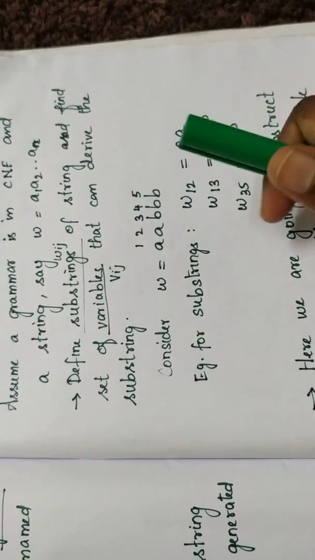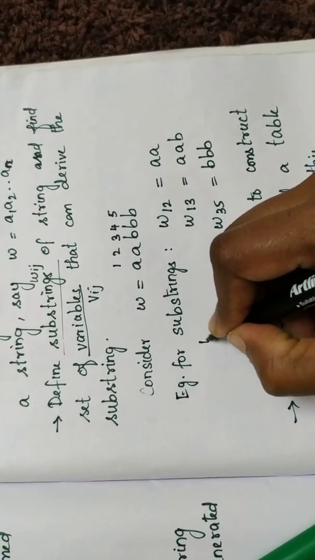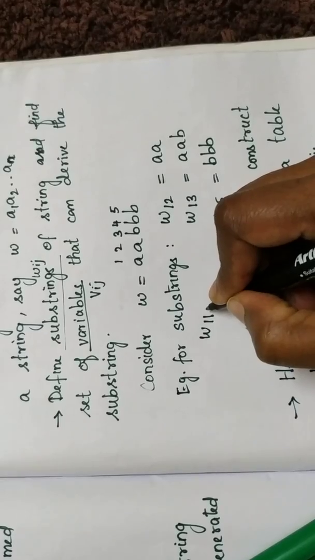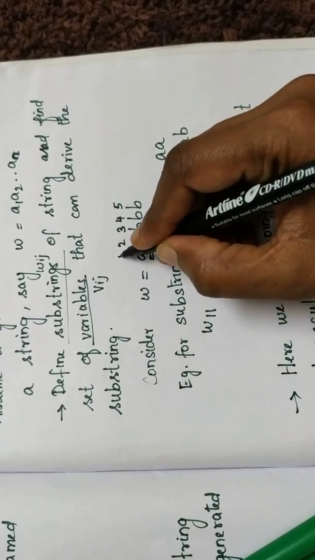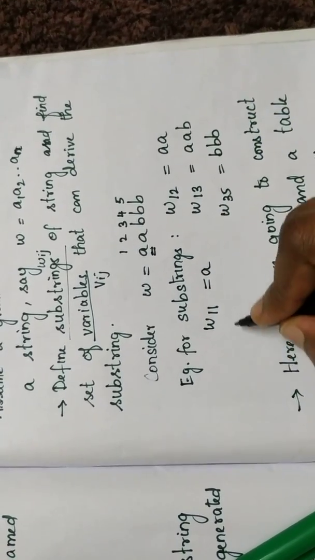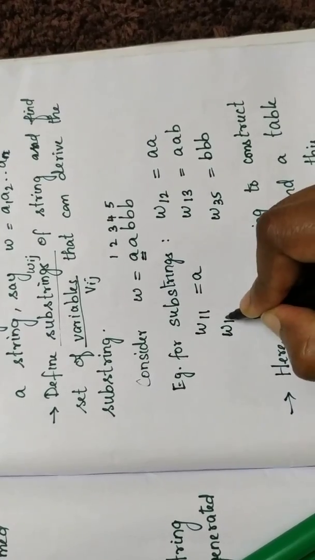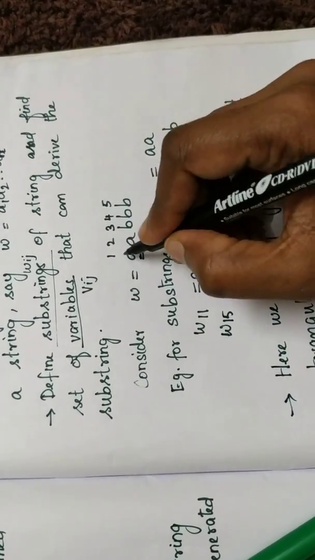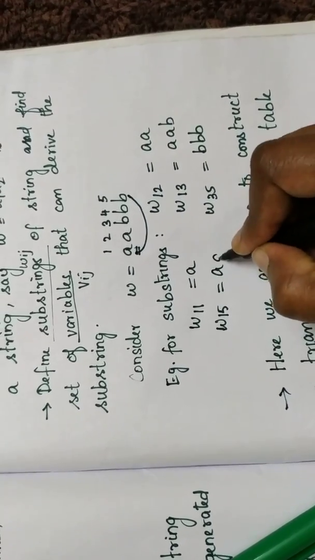Like this we can have many substrings. If I say W11, that is from position 1 to 1, so this is equal to A. And if I say W15, then the entire string is taken as the substring.